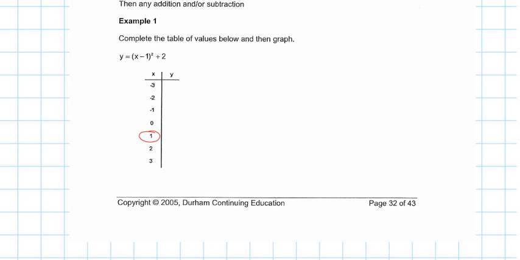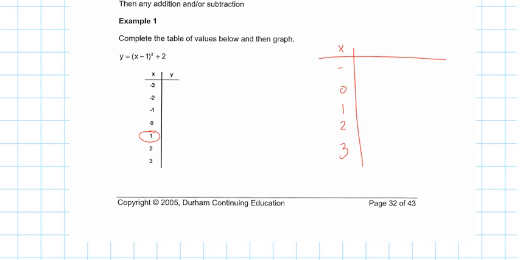5 points in total is enough to graph quadratics, okay? So in this case, they gave you negative 3, negative 2, negative 1, 0, 1, 2, and 3. Sure, we're going to do them. But technically, if I'm going to make my own table of values, I will start at the axis of symmetry and put it in the middle. In the middle, I'm going to have 1 for the x value, and then 2, 3, and then 0 and negative 1.